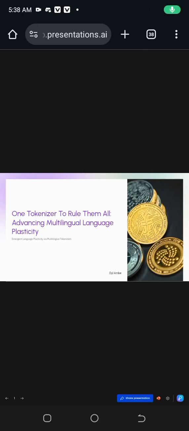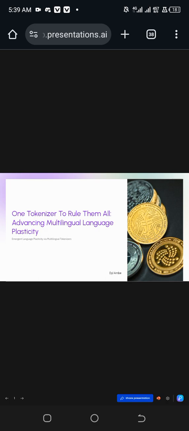Okay, this paper is the paper that I'm going to focus on. The main gist of the paper is that they wanted to use just one tokenizer for the model, and to prove that that universal tokenizer can outperform all the other types of tokenizers, which are specialized for specific languages and specific tasks, like language translation.